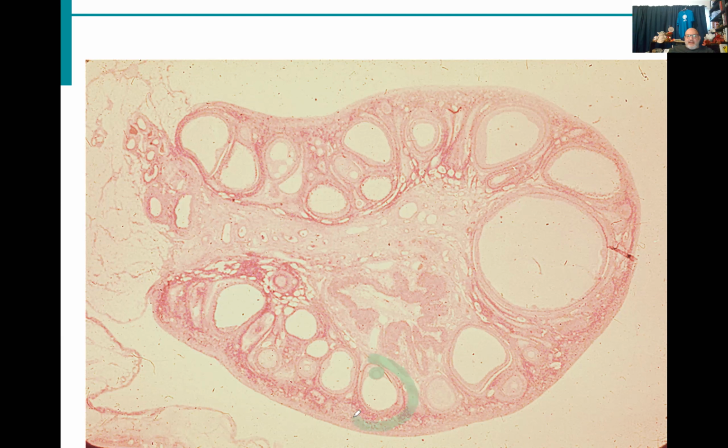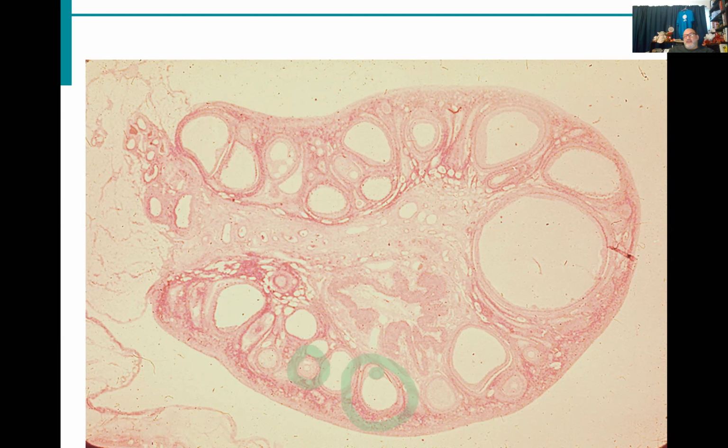But you are correct. If instead I had drawn a circle around this whole thing and asked you to identify this entire structure, then yes, you would say that this is a mature follicle or a Graafian follicle or a tertiary follicle. I know this is a low magnification, but identify this entire structure. Secondary follicle, excellent.